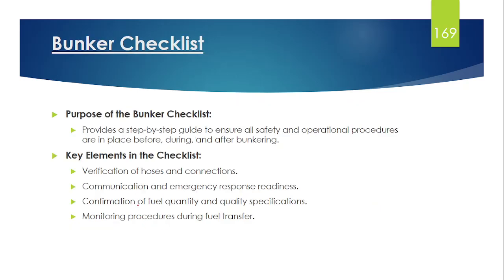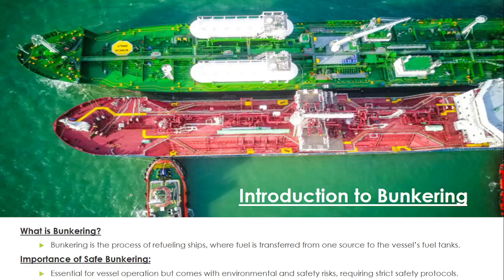After that we have to confirm the fuel quality and quantity specification. We have to make sure that the communication and the emergency response readiness is proper. What do you mean by communication? Communication means that whenever we are transferring fuel oil from one ship to another, now suppose this is A ship and this is B ship.